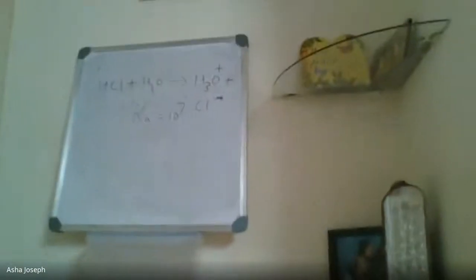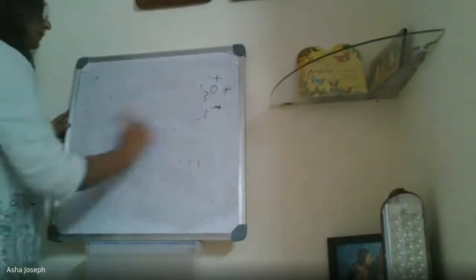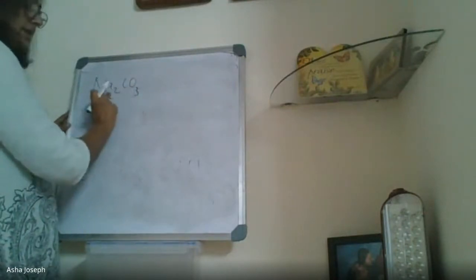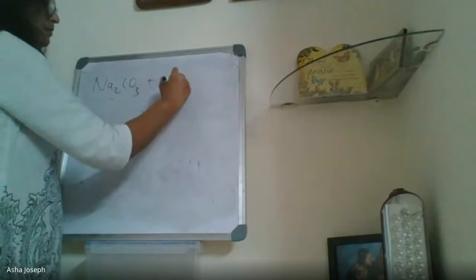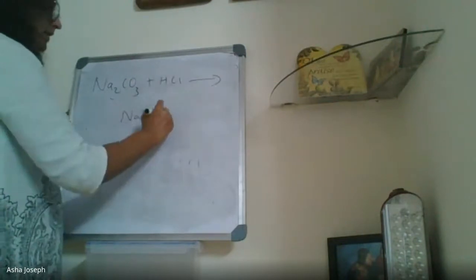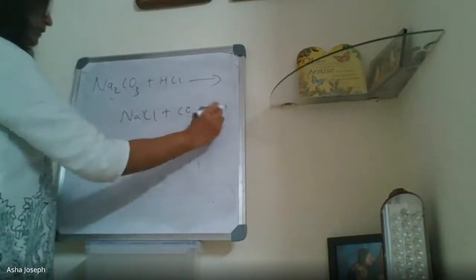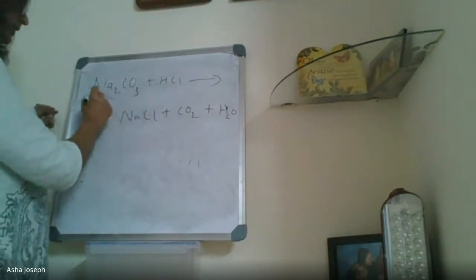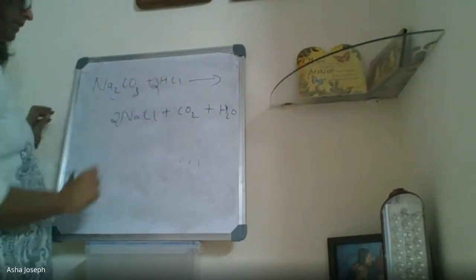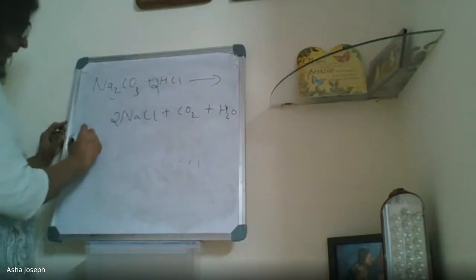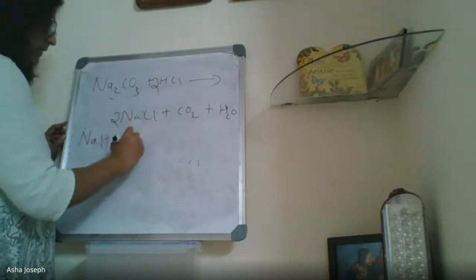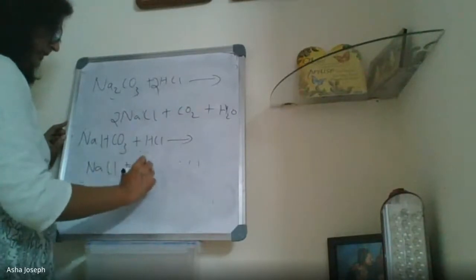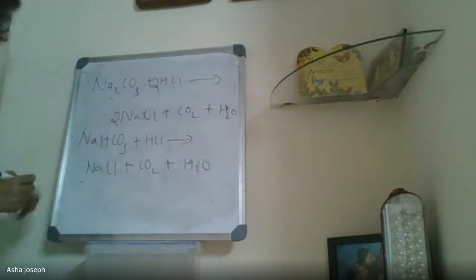Okay. So this reaction you learned in 10th. This is a salt of a weak acid. It can decompose. So you know that NaCl plus carbon dioxide plus water, isn't it? Na2CO3 plus HCl gives NaCl, carbon dioxide and water. Next, NaHCO3 plus HCl, you will get NaCl plus carbon dioxide plus water, same way.